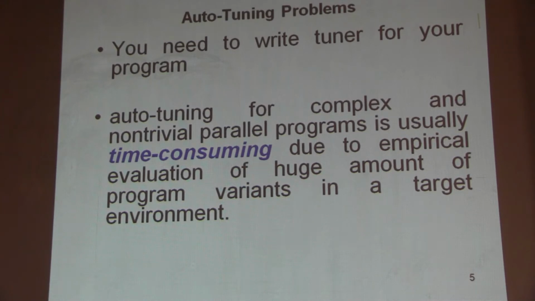So it's a lot of time, and there are different strategies to fight this, but the common idea is that the search space of possible program variants should be reduced.